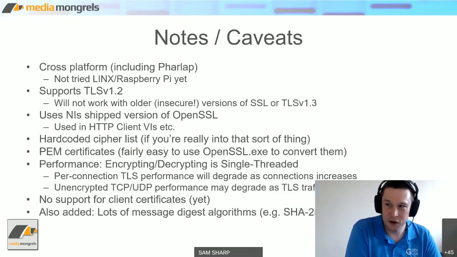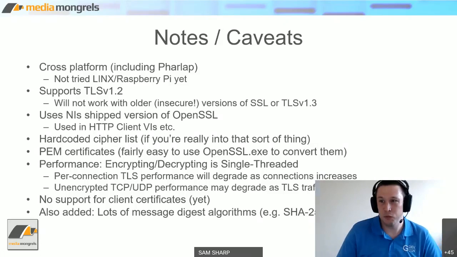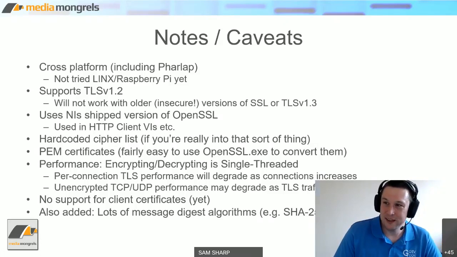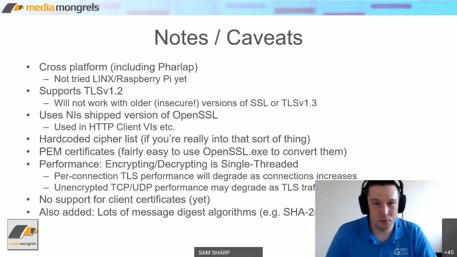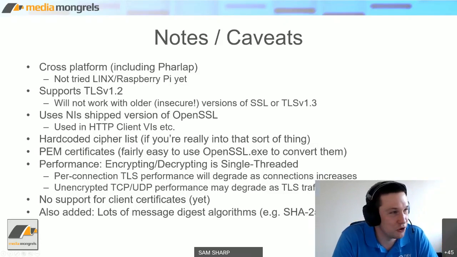Obviously encrypting and decrypting has its own cost anyway. We're quite used to LabVIEW being very multi-threaded, and sockets being pretty much multi-threaded, so I think it's important that people know that exists.